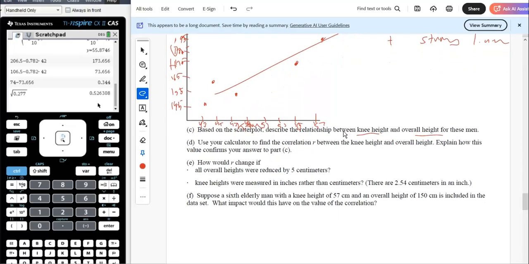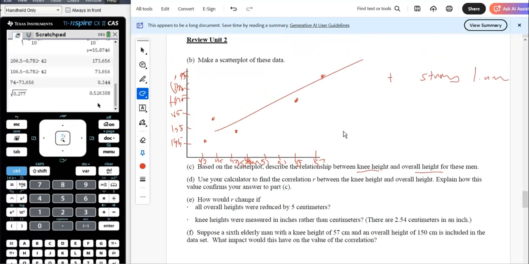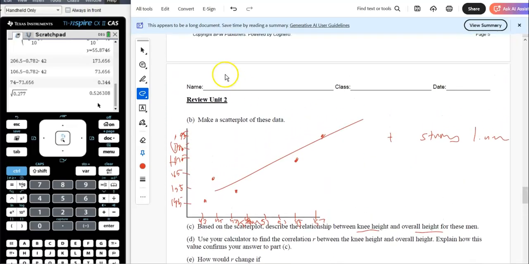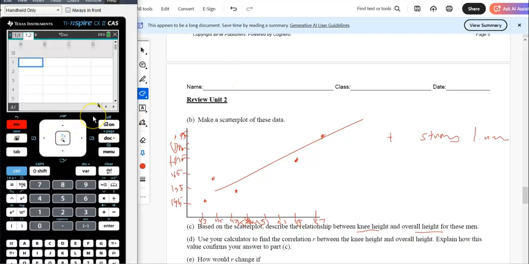Use the calculator to find correlation R between knee height and overall height. Explain how this value confirms your answer to part C. Okay, so if you use your calculator, so we'd say knee and overall.